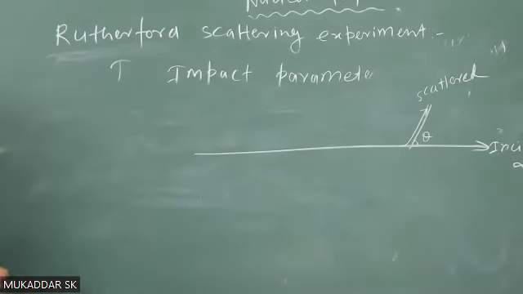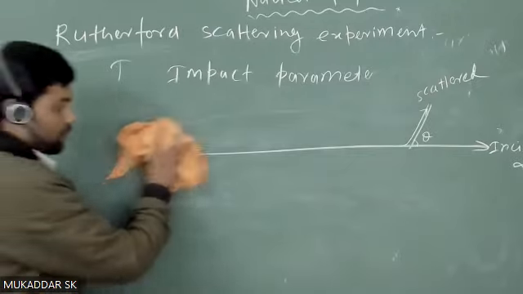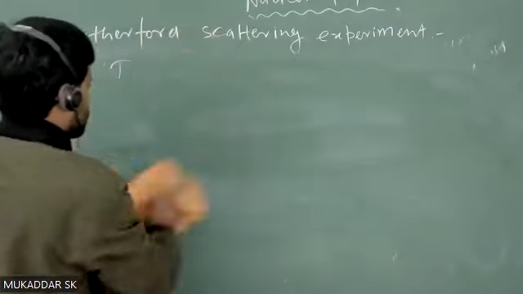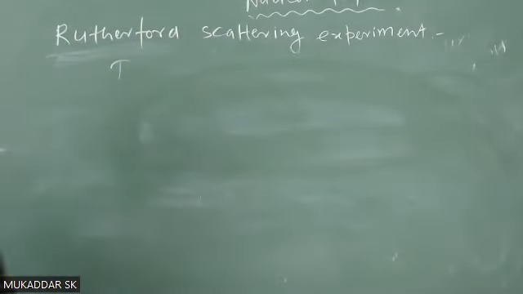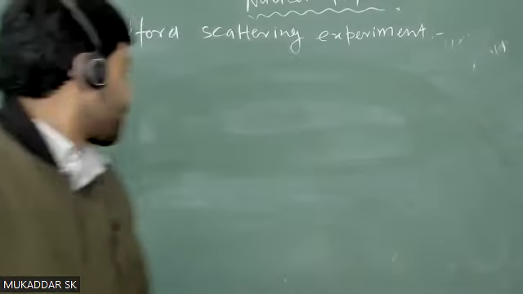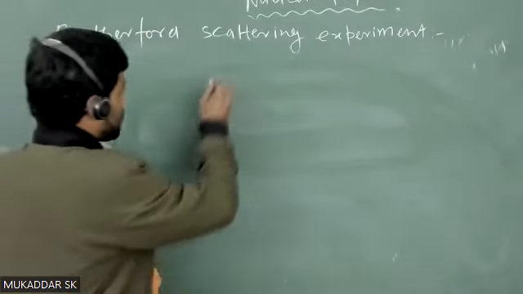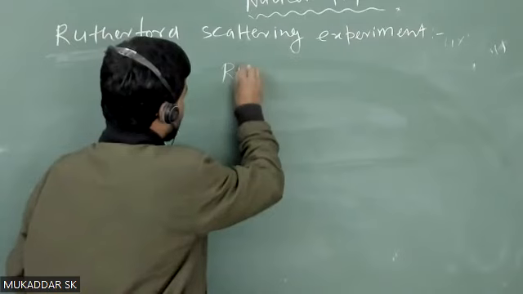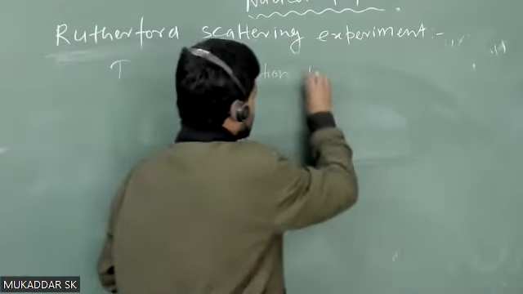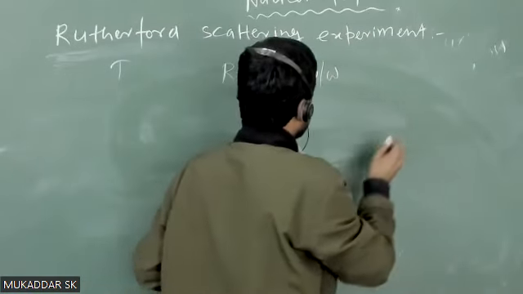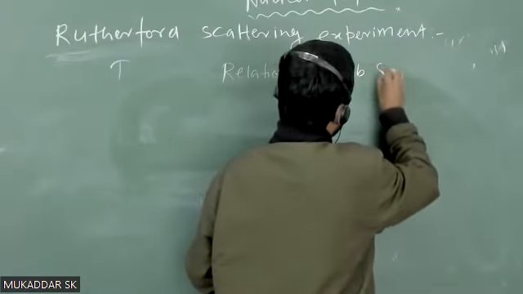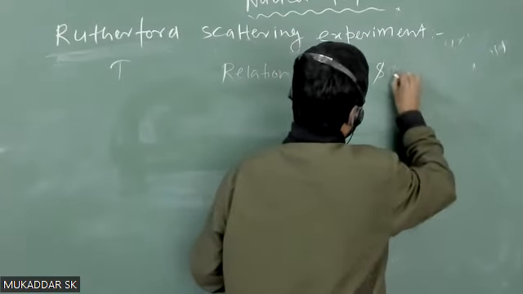Okay, B value, okay, okay. Now I'll actually going to discuss that. So actually, Rutherford also derived the relation between scattering angle and B, the relation between B and theta.